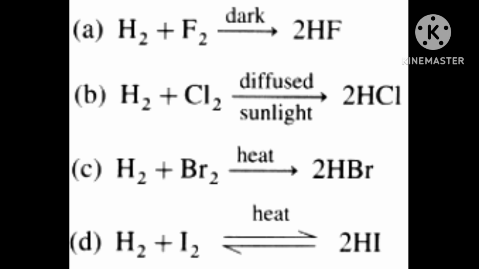Reactivity towards hydrogen. I am talking about halogens in general. All halogens react with hydrogen to give hydrogen halides. But the affinity for hydrogen decreases from fluorine to iodine, meaning the highest is with fluorine and the lowest is with iodine.